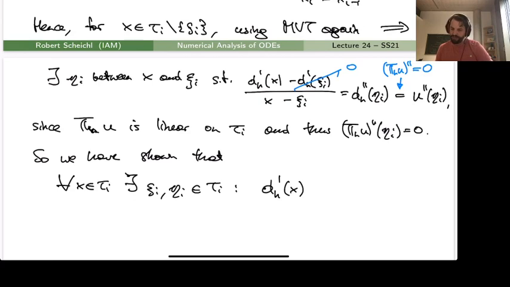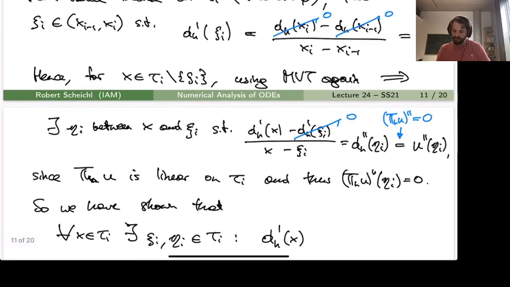We've just proved that above. So dh primed of x is equal to x minus xi times u double primed at eta I.